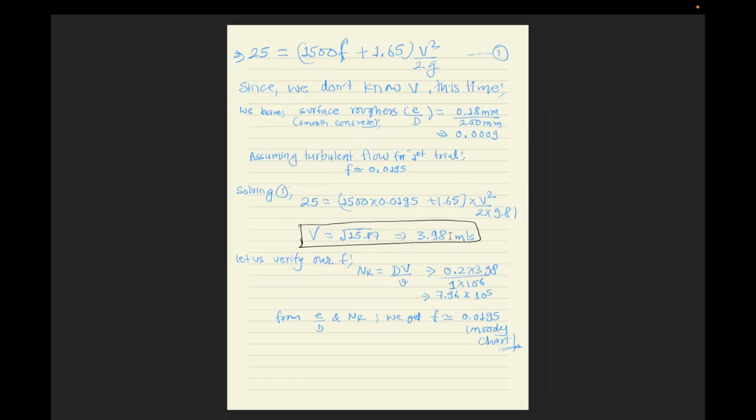We have the velocity 3.98, diameter 0.2, and kinematic viscosity of water at 20 degrees Celsius is 10 to the power minus 6. That gives us 7.96 times 10 to the 5, and with e by D surface roughness of 0.009, using the Moody chart we also got 0.0195. So our assumption about the friction factor F is correct.